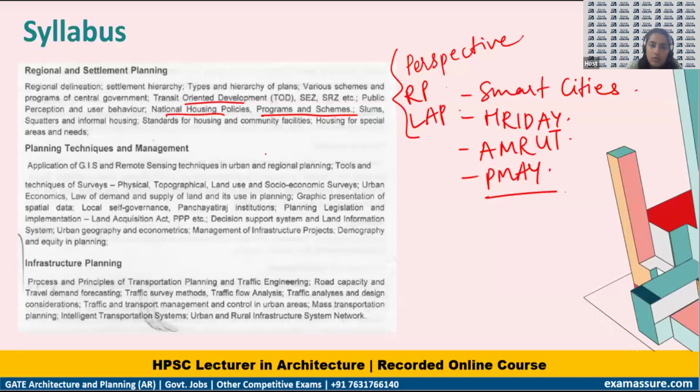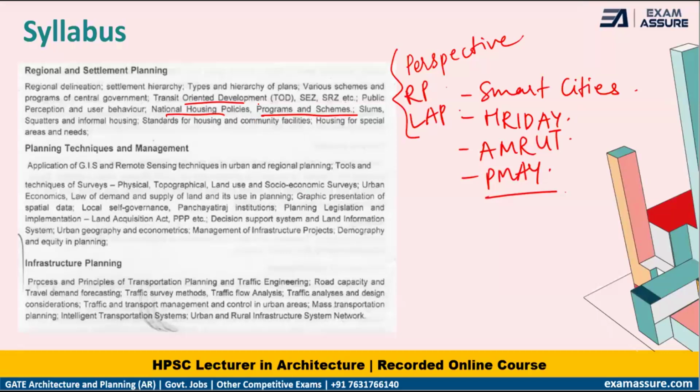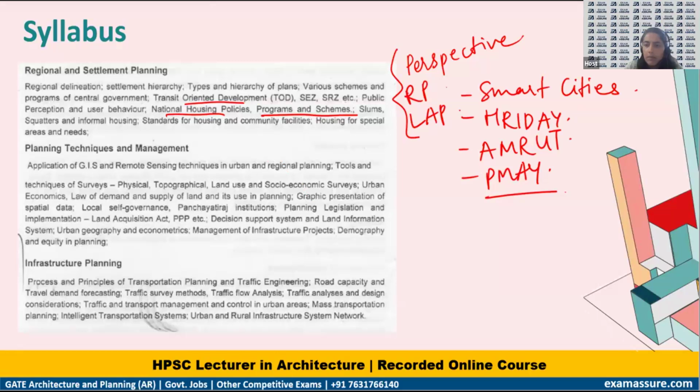Planning techniques and management again. You have what are the various types of surveys, what are the applications of GIS remote sensing. So there can be a question, in today's flooding, whatever flooding, etc. happens, how can you use or apply GIS remote sensing techniques?